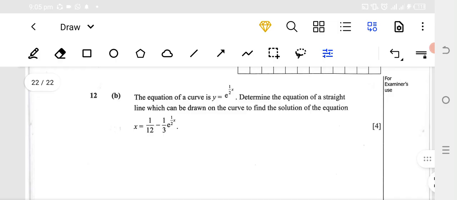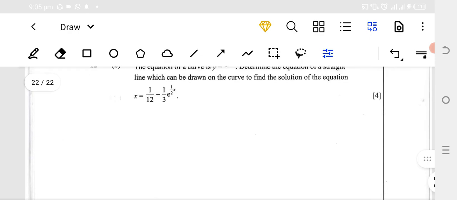Determine the equation of a straight line which can be drawn on the curve to find the solution of the equation x is equal to 1 over 12 minus 1 over 3 e to the power 1 over 2x. This was carrying 4 marks.